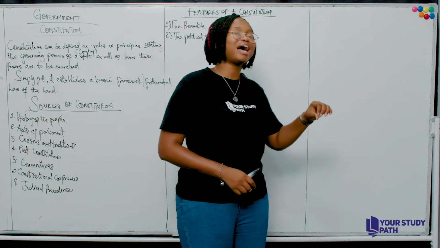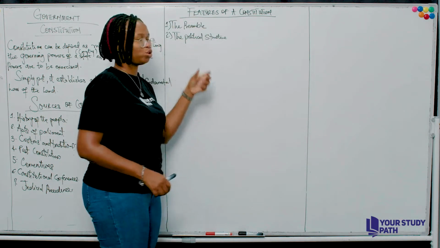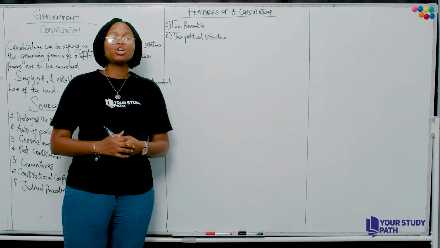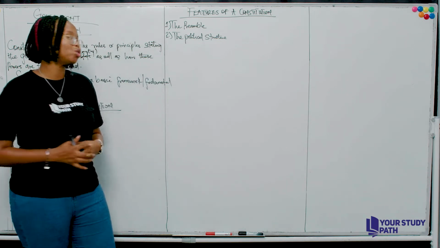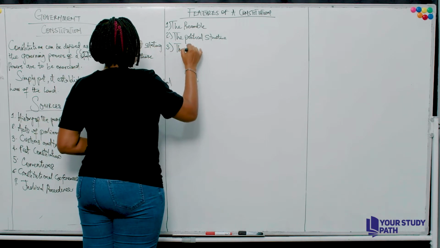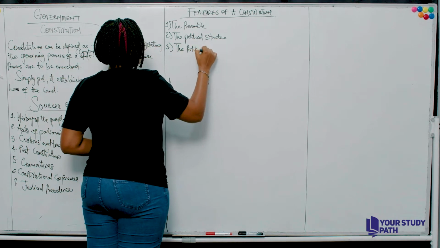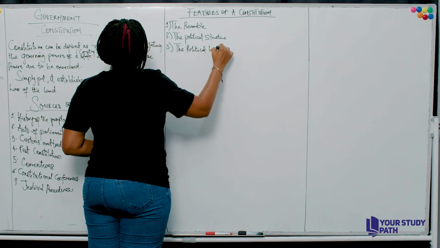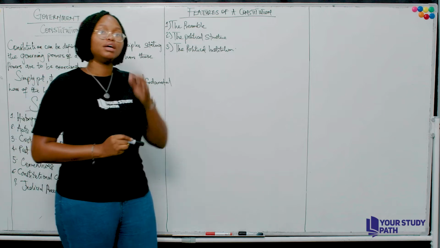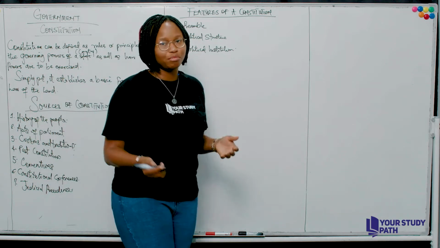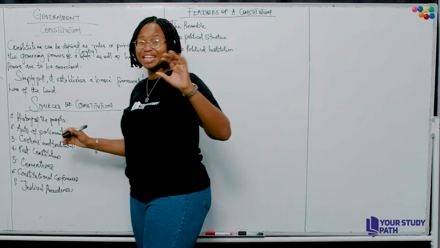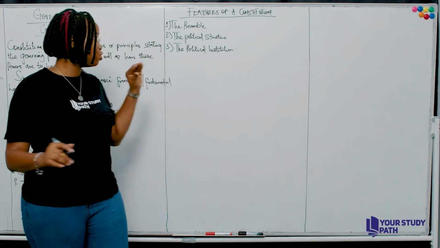So the Constitution has the political structure usually embedded within it. Also, it includes the powers and functions of the political institutions that exist there. In the Constitution, the powers of the arms of government like the executive, the legislature, and the judiciary are usually stated clearly within the Constitution.